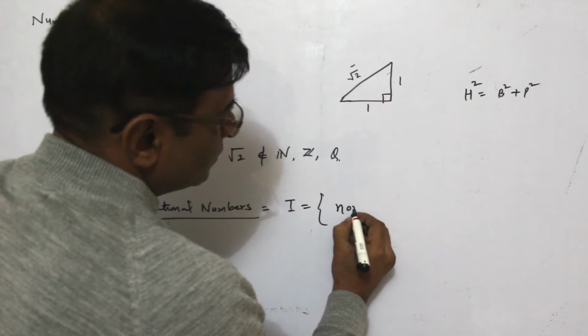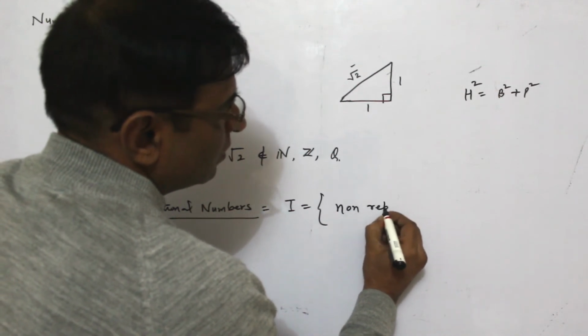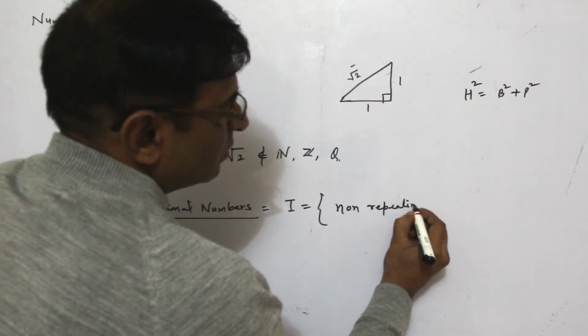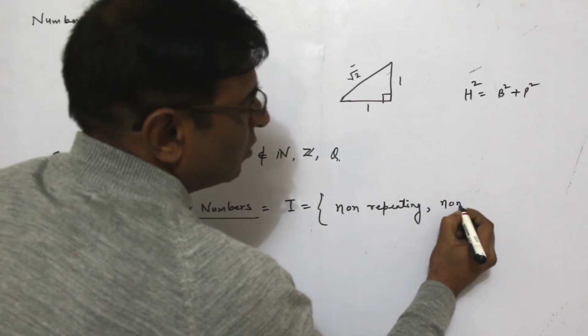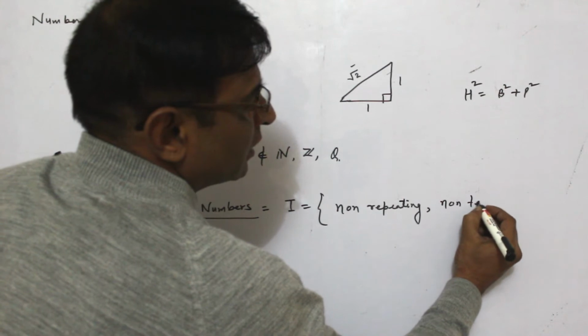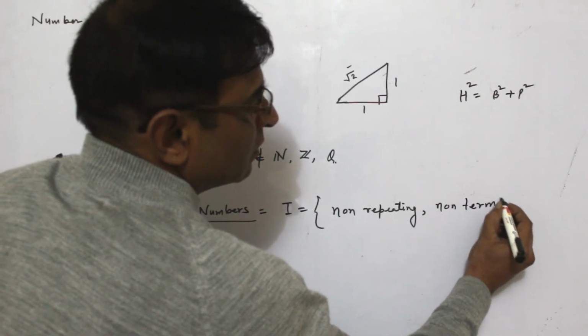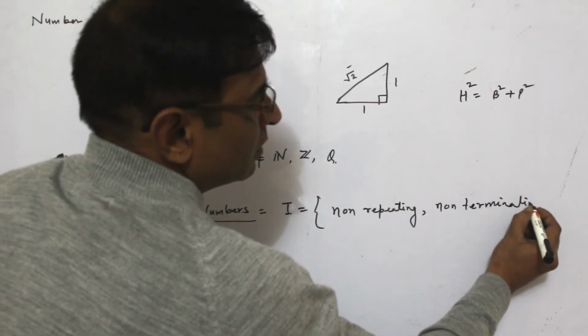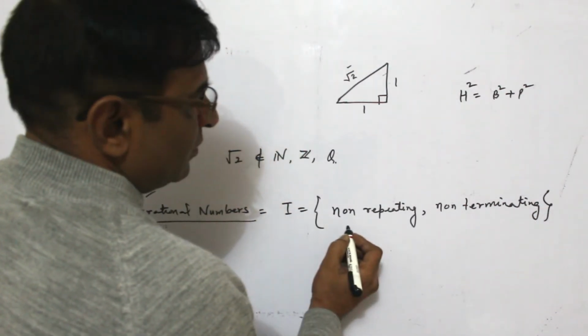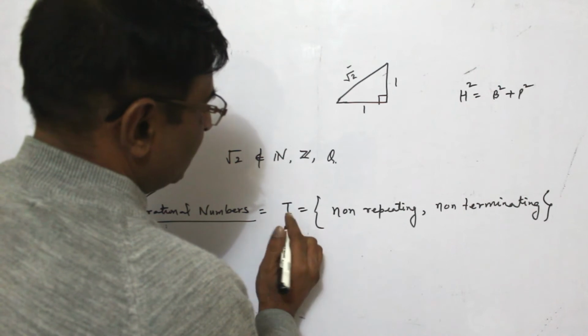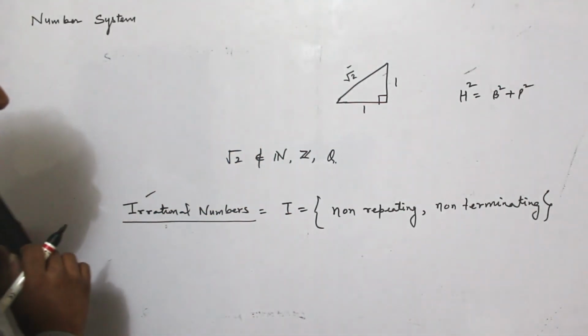Non-repeating, non-terminating. So this is the set of irrational numbers.